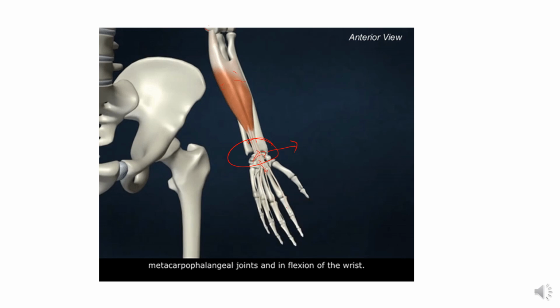But when we have to perform flexion at the finger level, the wrist joint remains in the extension position by the extensors of the wrist joint. They are present in the posterior compartment behind the bones, while this flexor digitorum superficialis muscle is present in the anterior compartment.